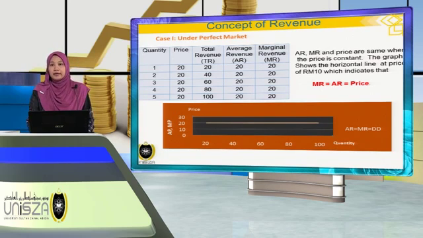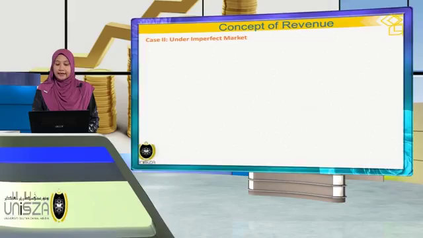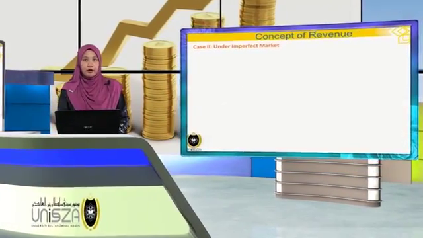So AR, MR and the price are the same when the price is constant. The graph shows a horizontal line at the price of RM10, which indicates that MR is equal to AR equal to price.